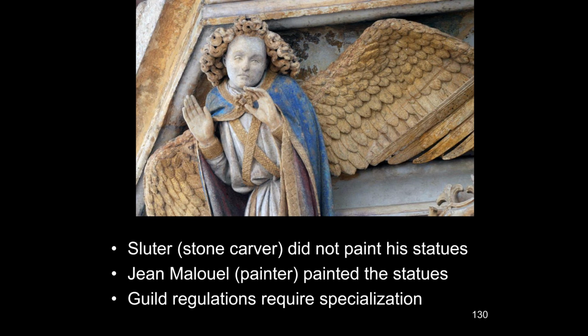In fact, painters would usually be paid more because they're dealing with things like very expensive pigments. They're using frequently gold. So it was the Duke's painter, Jan Malo, who painted the statues. Incidentally, we'll hear about him shortly. He was the uncle to the Limbourg brothers.